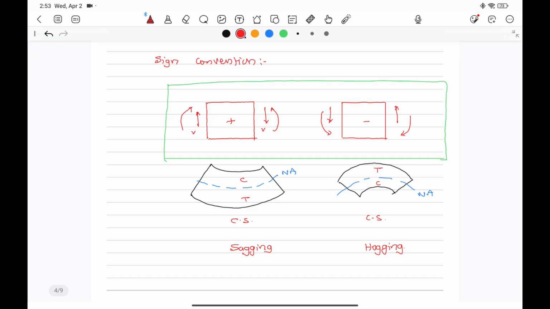In sagging moment, the bottom portion is under tension and I want to brief about the neutral axis. Beam is like this. Let us say, and it has a cross section. Let cross section be this.